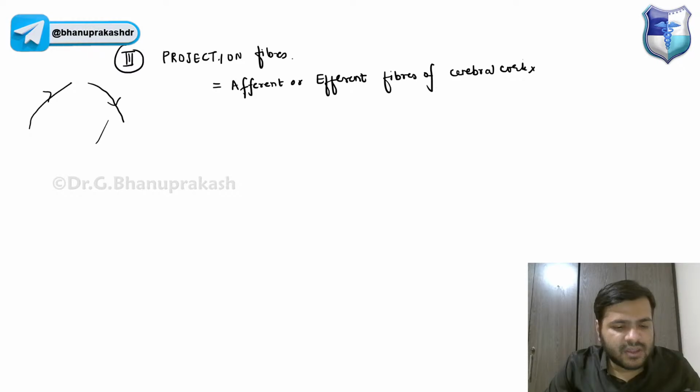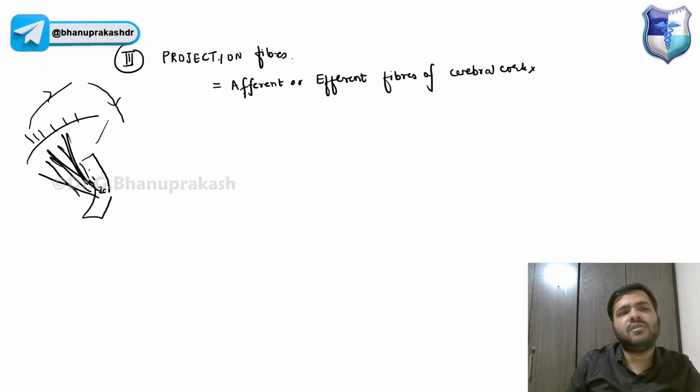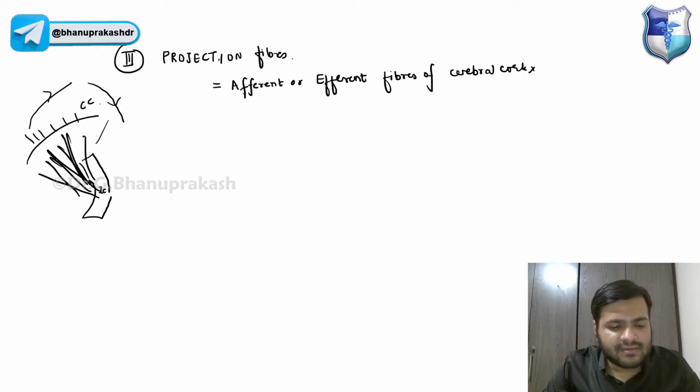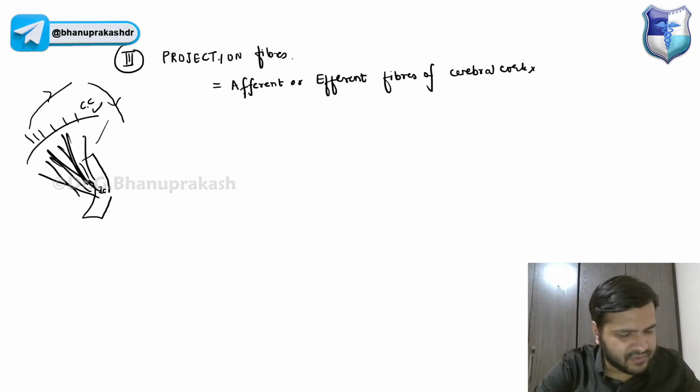Which pass through the internal capsule. I've already told you in various diagrams, we have this internal capsule, and we have the cerebral cortex. So these fibers pass through the internal capsule and connect the cerebral cortex with the lower centers. Like from the spinal cord, the fibers come to the pons, medulla, midbrain, then to the cerebral cortex above, right?